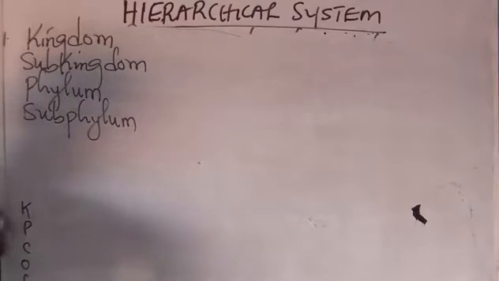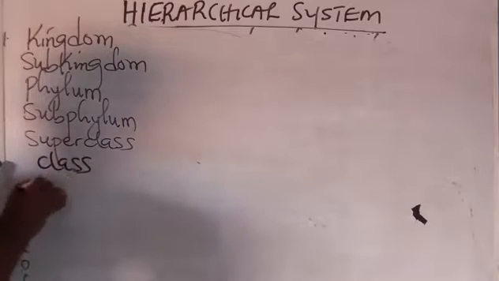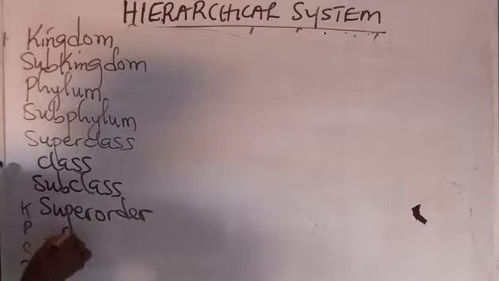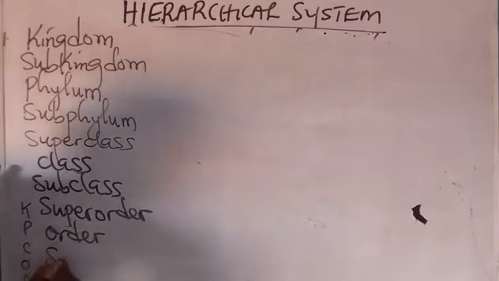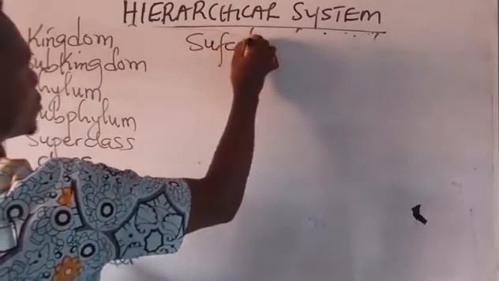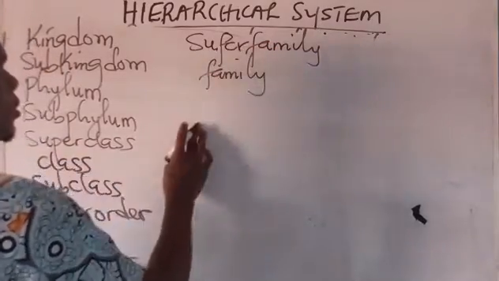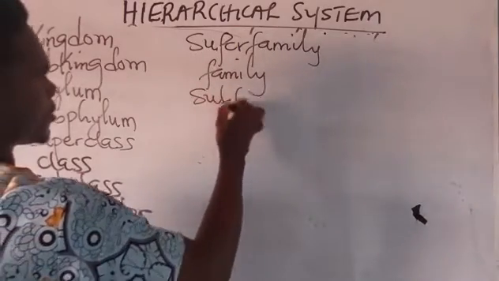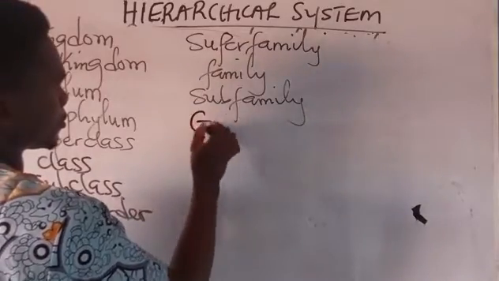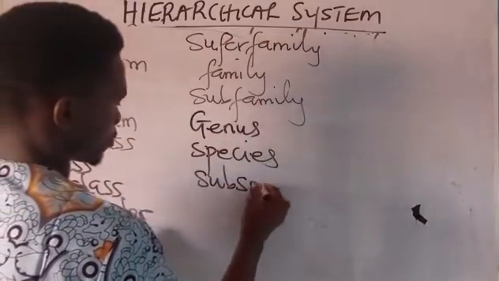You have subphylum, superclass, class, subclass, super order, suborder, superfamily, family, subfamily, genus, species, and subspecies.